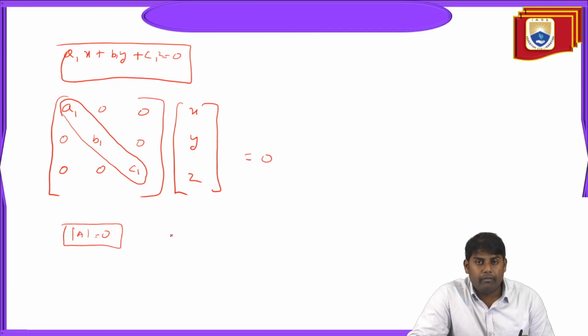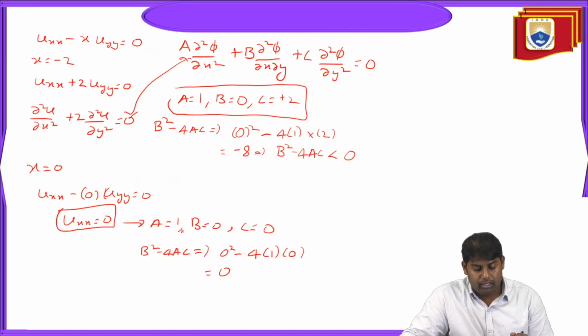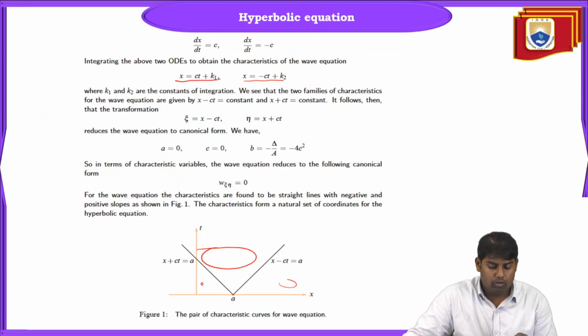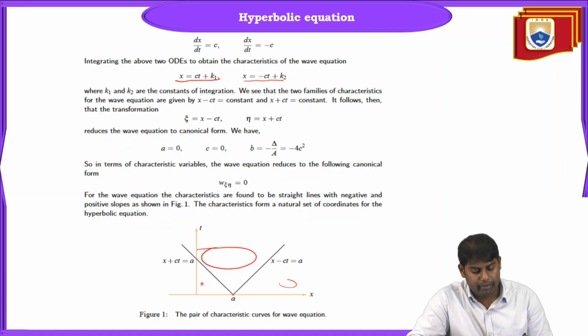That is one thing. Whereas for the hyperbolic equation, there is a restriction. Here we can see one characteristic equation, and this one is another characteristic equation, where we have the line equations.